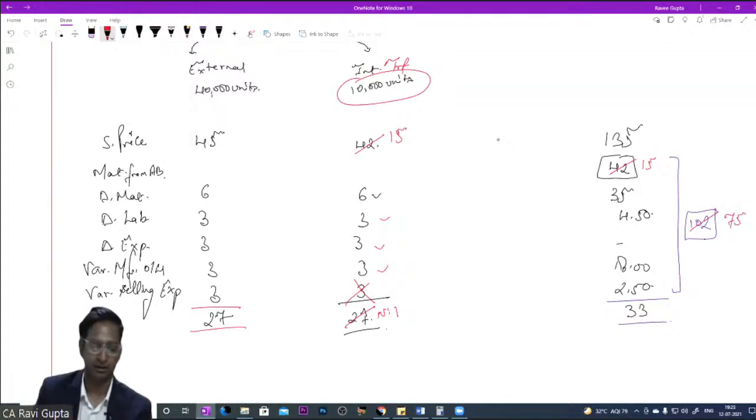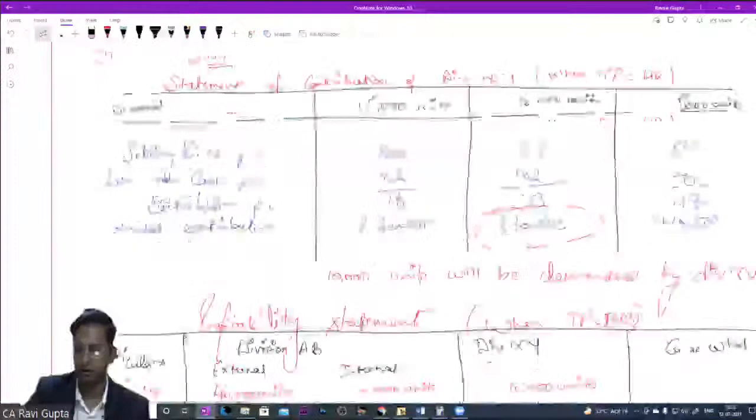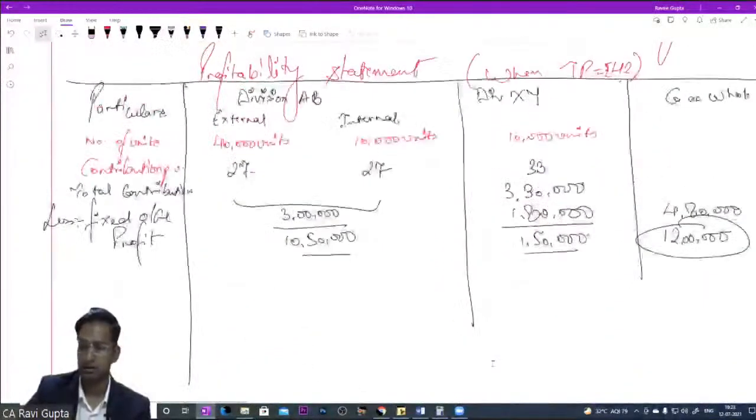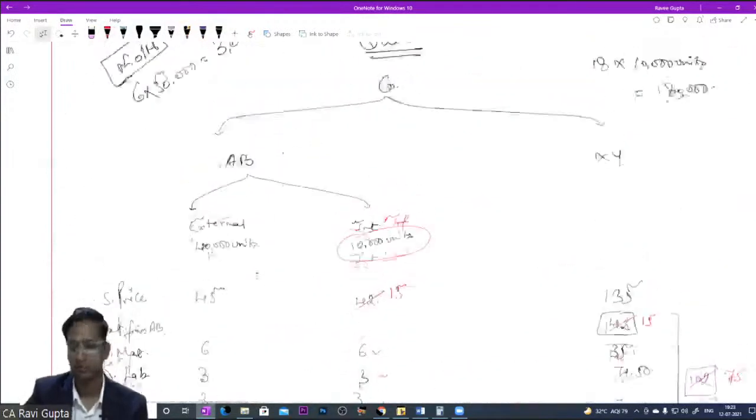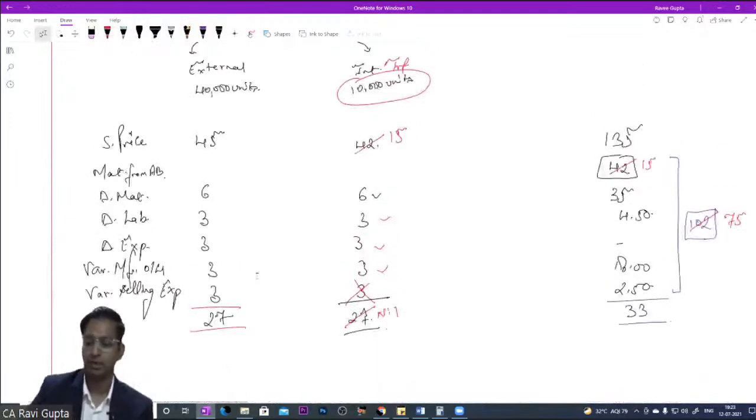I have written here 12 lakh rupees. Bhargavi, it's 12 lakh rupees. Let me write it in this manner so there will be no confusion: 12 lakhs. Okay, so we can see it is now going to impact our contribution as well.